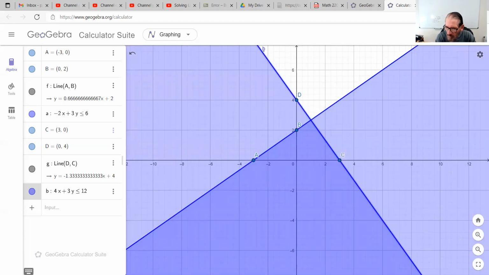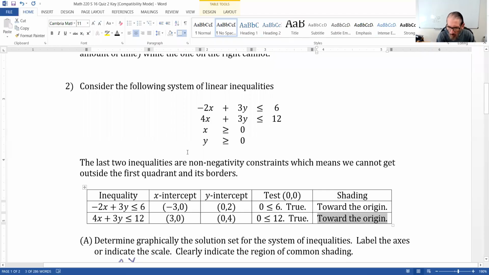Then we had our non-negativity constraints or conditions that both x and y had to be greater than or equal to 0. The graph of x equals 0 is vertical. It would be the y-axis. And since this is x greater than or equal to 0, because of the or equal to, it's going to be solid.